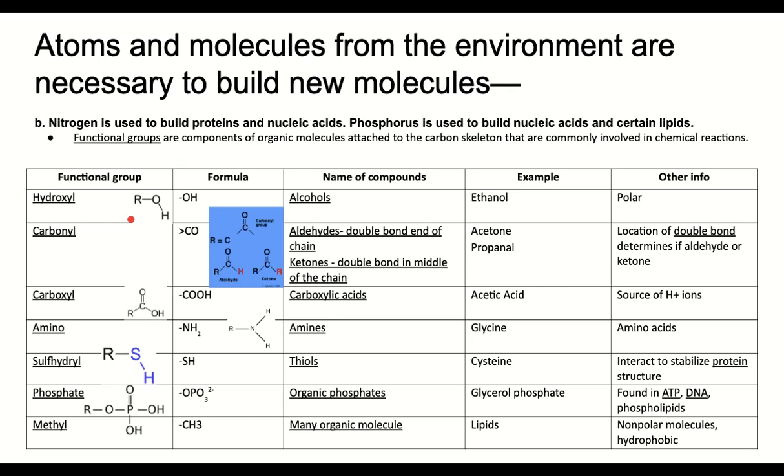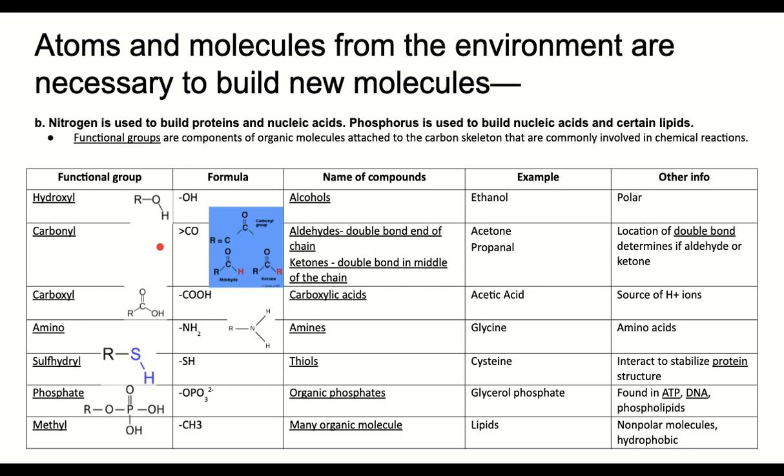So all of these would be attached to some sort of carbon skeleton, so a chain of molecules. And these functional groups are what's going to be involved in the chemical reactions. These are usually going to be found towards the end of a carbon molecule. So we've got the hydroxyl group, a very frequent proton donor, that hydrogen can fall off.